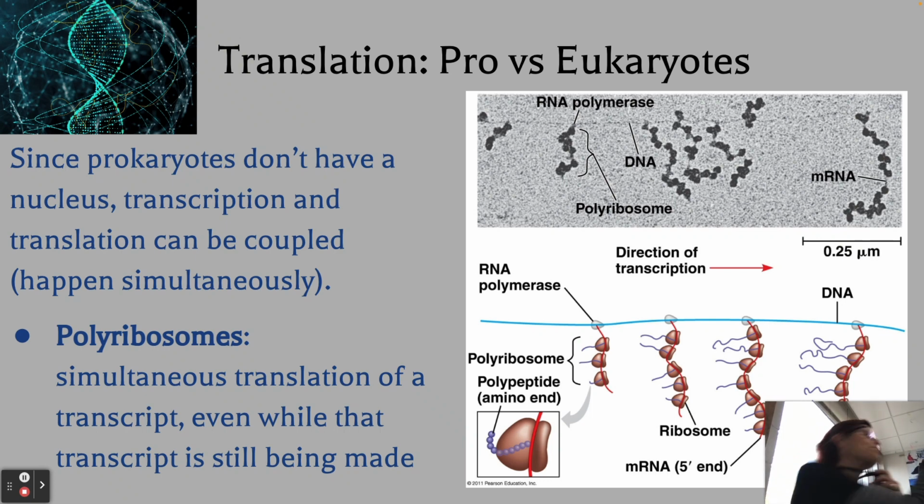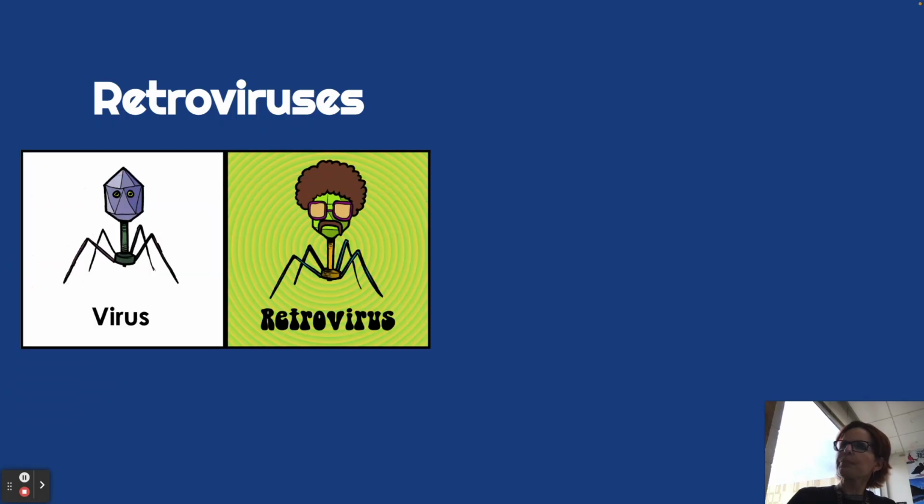That's super, super fast. Eukaryotes are way slower, but we have much more control. So there's places where we can stop it and restart it and stop it. We have all this control, whereas bacteria, they just don't control anything. It's just super efficient, but there's no turning things on and off like we can do.